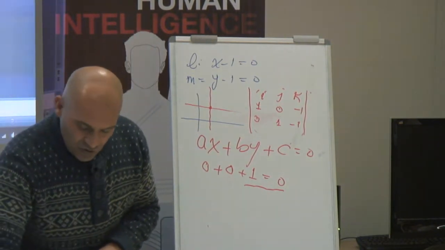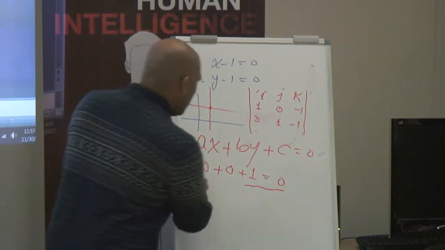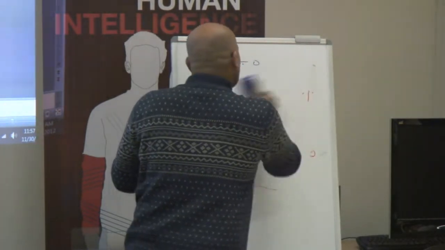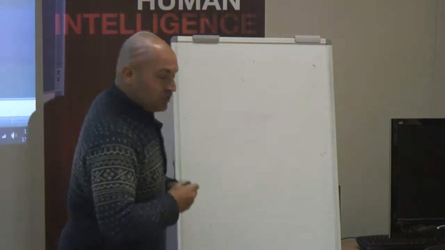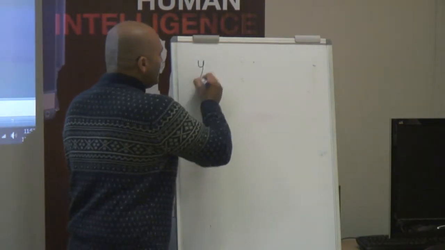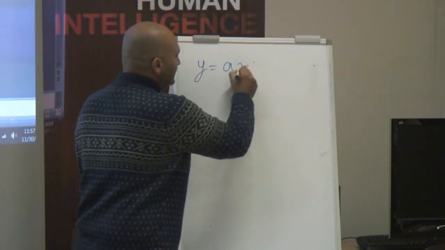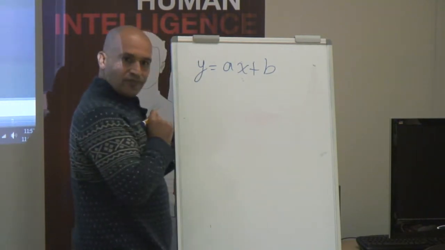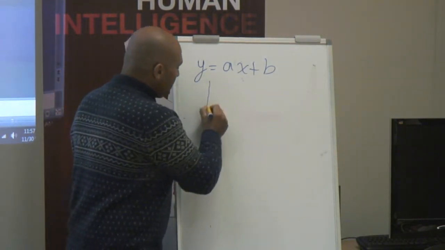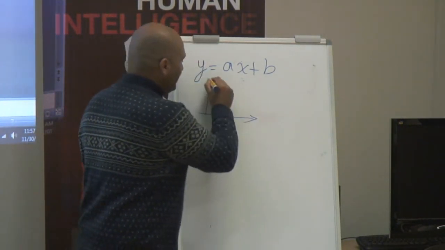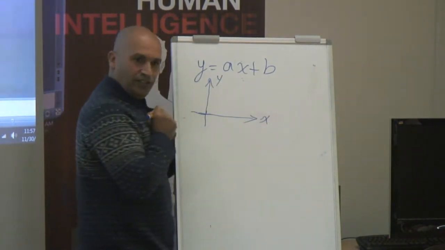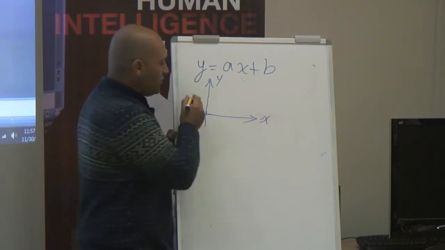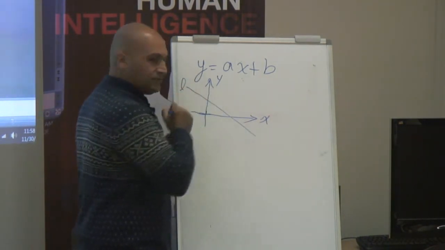Now, one thing: when we learn in high school, we say y equals ax plus b. We usually perceive this as a line in the x and y coordinate system, and this is the line L.